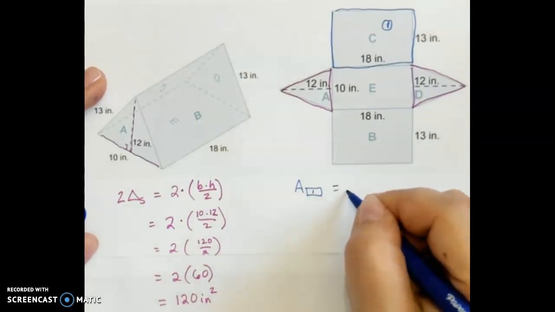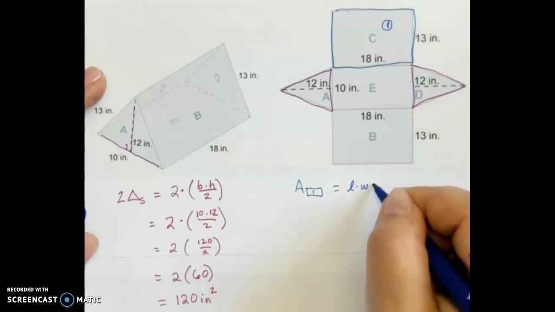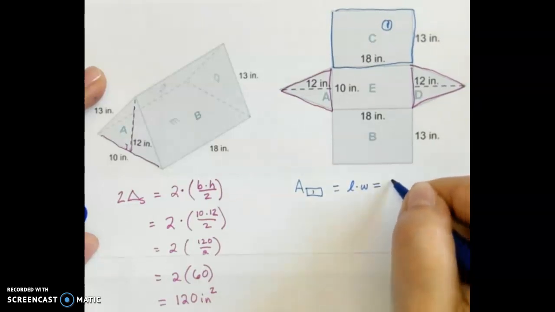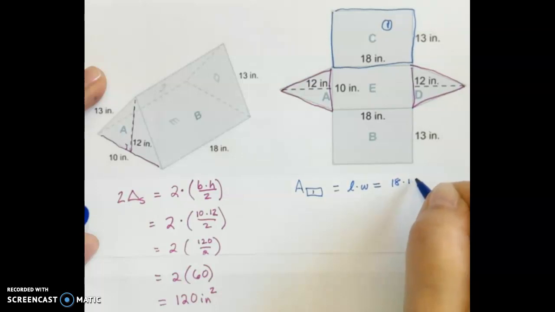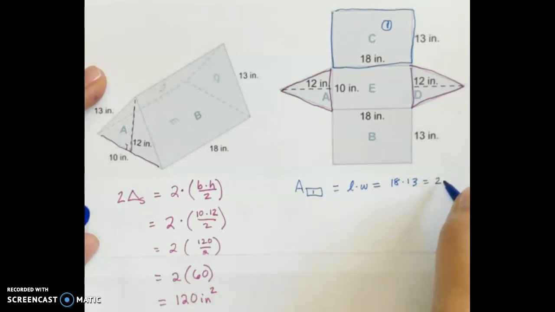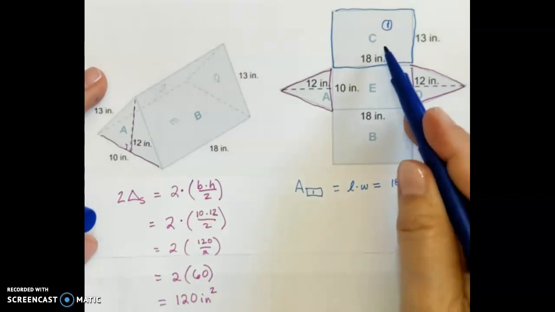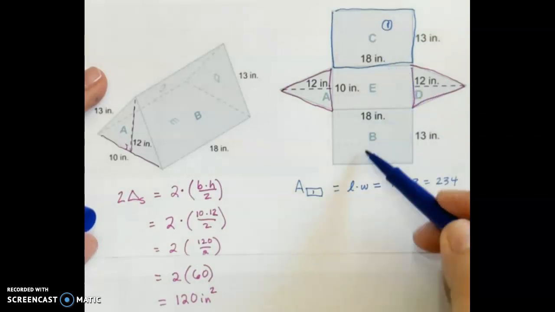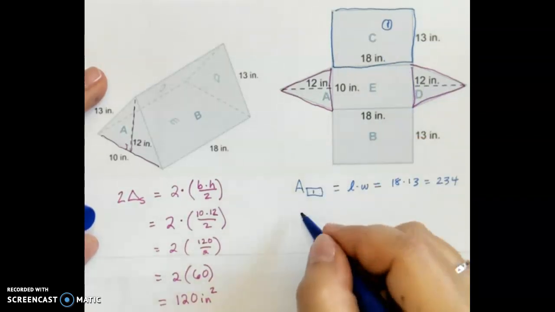I find the area of a rectangle using the length times width formula, and in this case my length and width are 18 and 13. Now 18 times 13 is equal to 234. I am not doubling this. This is just 1 rectangle, and I will calculate the area of each rectangle separately.